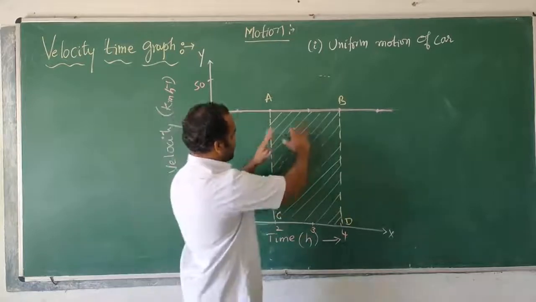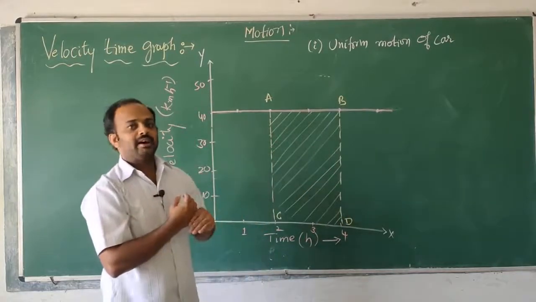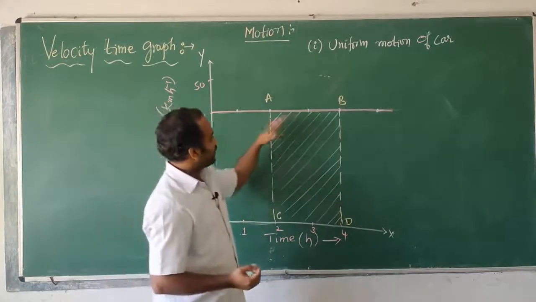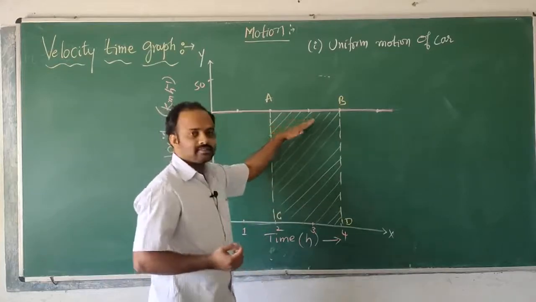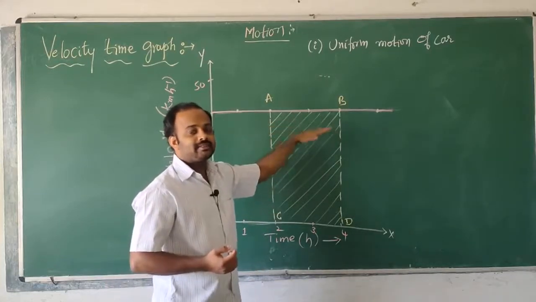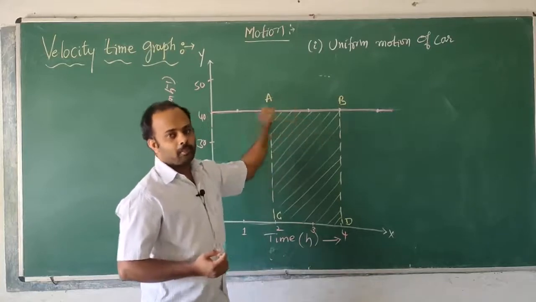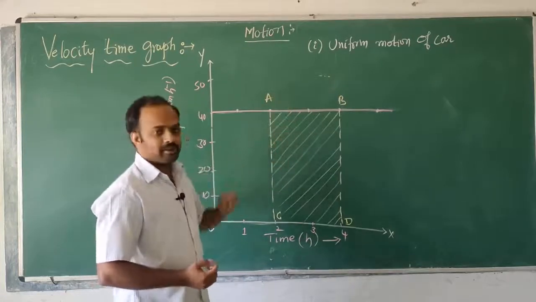Now we get a rectangle. This area of the rectangle gives you the distance traveled by the object, or the distance traveled by the car.